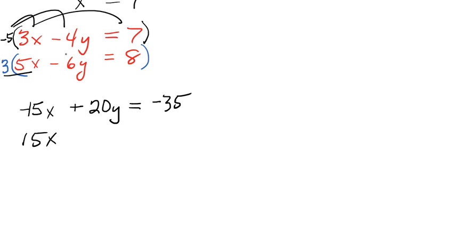I get negative what? 18y. This is why your multiplication needs to be pretty quick, because you can take a long time if you're punching all this in your calculator. So this is where your times table is really important. Okay? You don't want this to take an hour. I'm already going slow enough, right, trying to teach it. So you can imagine you going even slower using your calculator. 3 times 8 is what? 24.